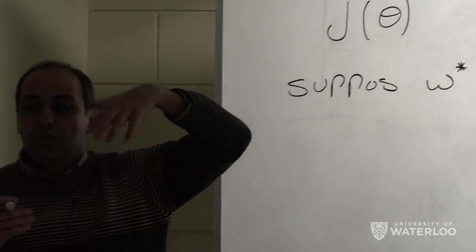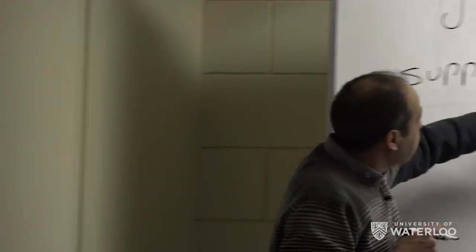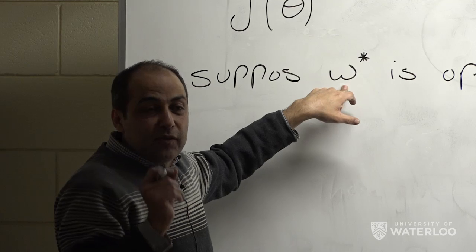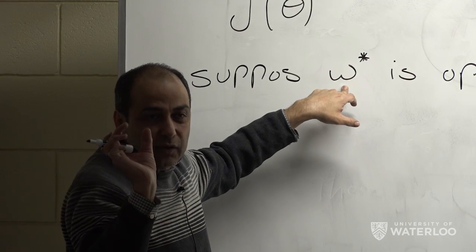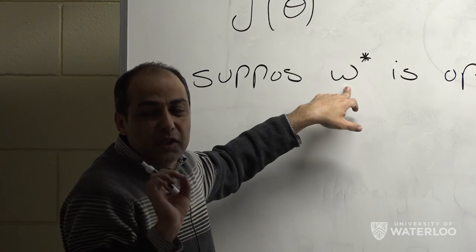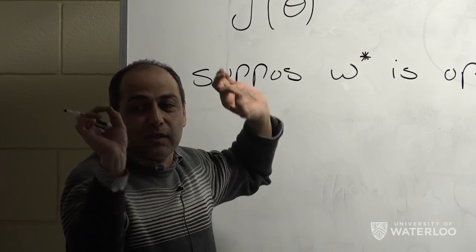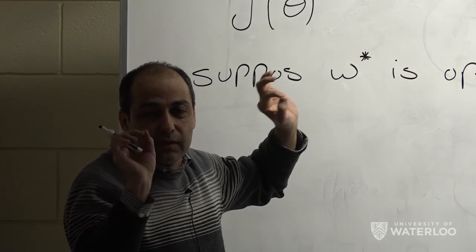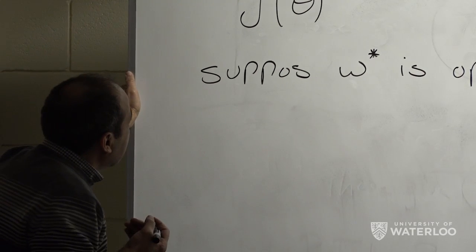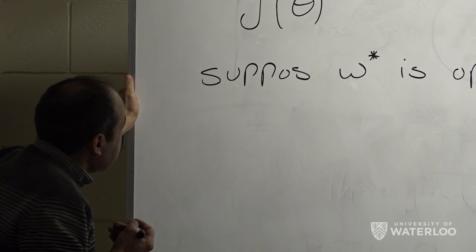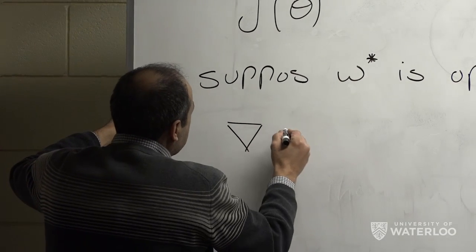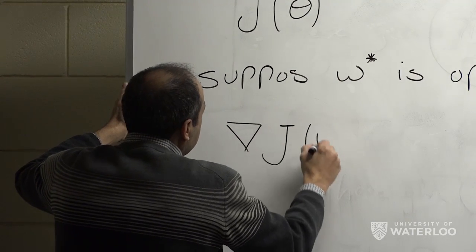What's going to happen to my optimal point? So my optimal point for J is W star. Now I want to see, if I add a penalty to J, what's going to happen to my optimal point? My optimal point is going to change, but how is it going to change actually? So we want to study this. So this W star is the W star which makes the derivative of J equal to 0.